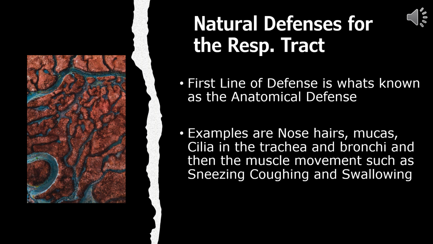Some examples, going from outside of the body to in, in order: you've got nose hairs, mucus, cilia in the trachea and bronchia, which is going to be the throat, and then you also have movement such as sneezing, coughing, and swallowing, which we do almost involuntarily.